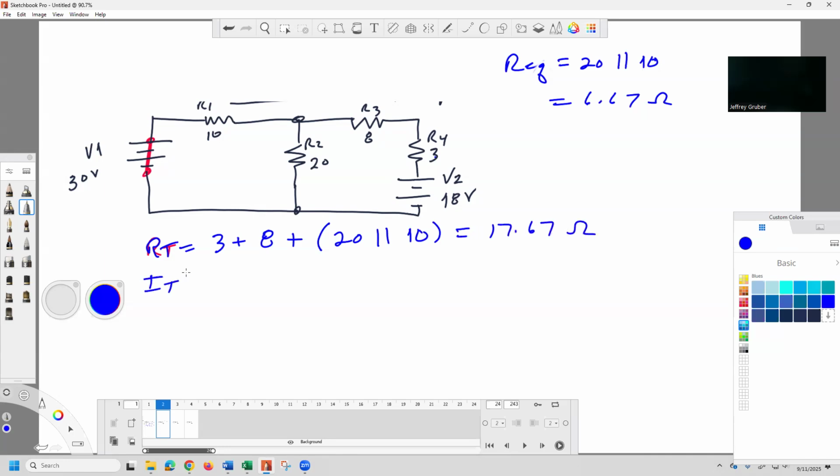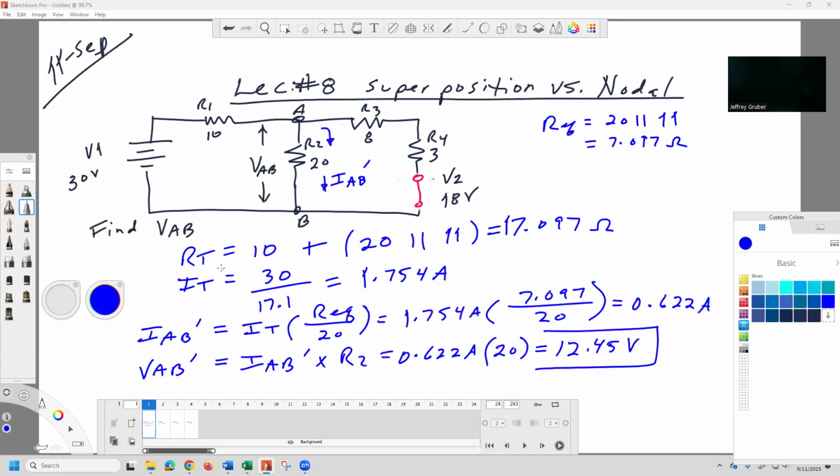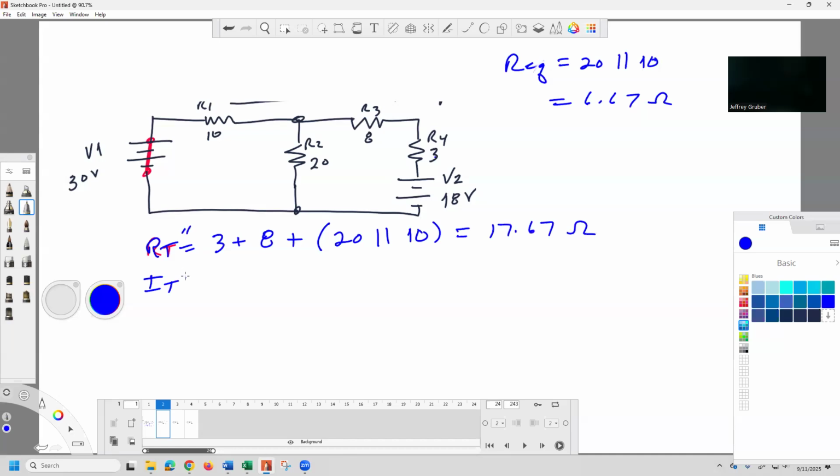IT, I suppose we could call this prime, double prime, so we don't mix them up, is 18, our power supply, divided by RT, which is 17.67, and that's 1.019 amps.